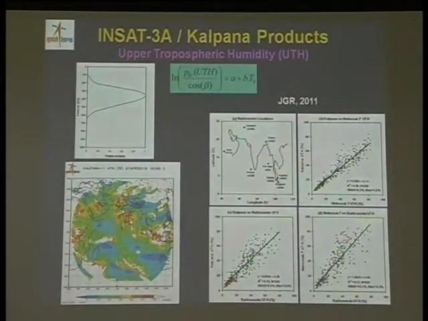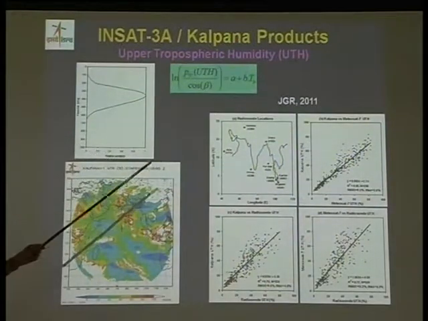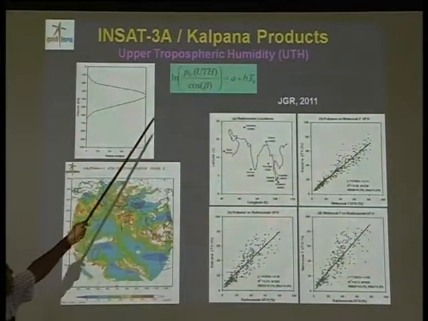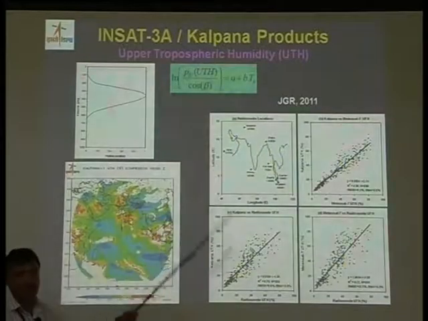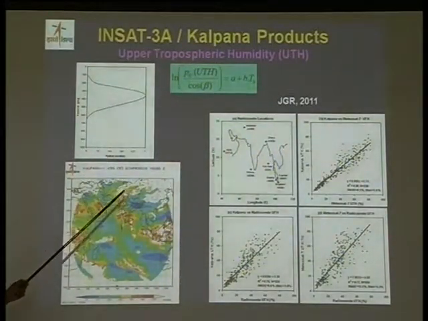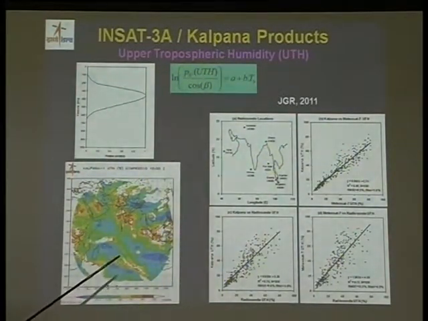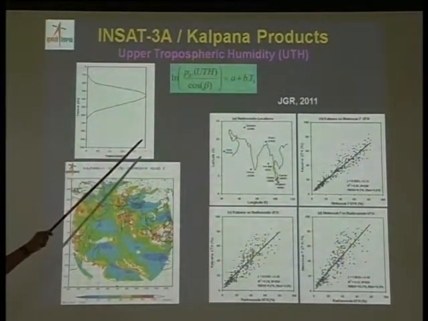So this channel gives you information about the relative humidity in a broad layer weighted by this weighting function. If we compute UTH, there is a relationship between UTH and brightness temperature in this water vapor band, and we have derived one relationship for that.